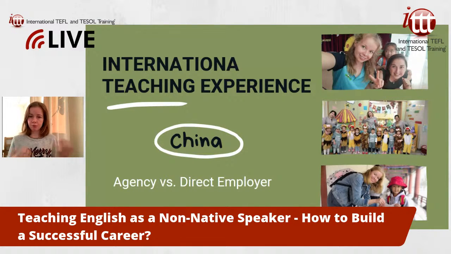So my first position was found by a third-party agent. I found an agency here in Russia that offered job searching services and employment services in China. They found a position for me and helped me to move.